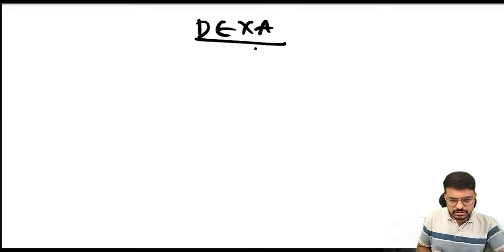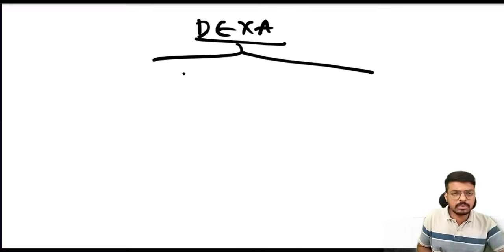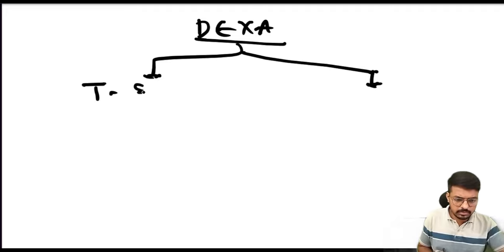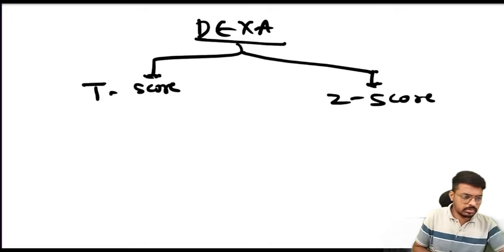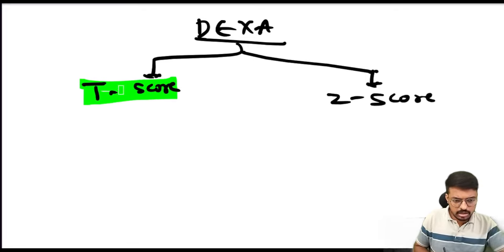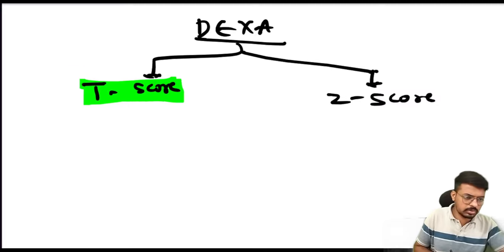DEXA scan interpretation: we have two types of scoring system here. One is the T score and one is the Z score. Among these two, the T score is most important and all of you have to know about this one only.